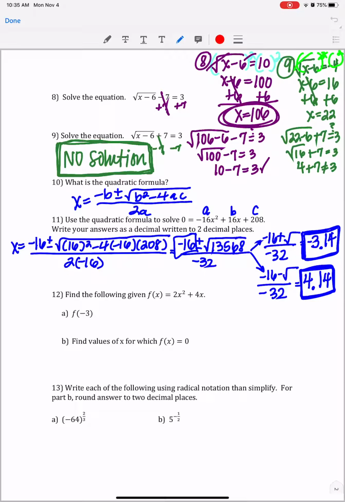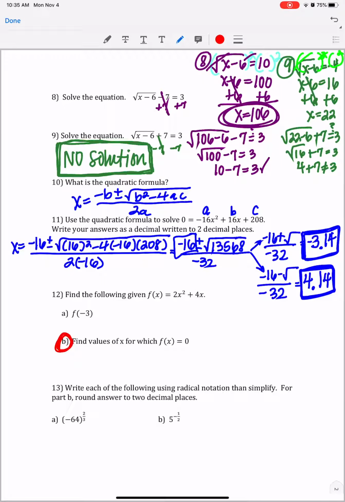All right, on 12, find the following given f of x equals 2x squared plus 4x. On 12, everybody's good with this one here. This is another one that almost everybody misses. Notice the difference between the two.